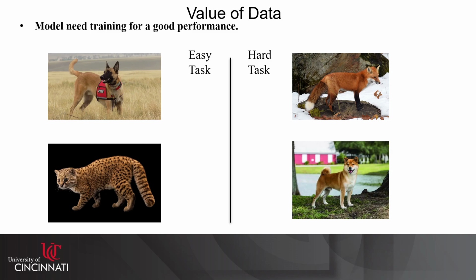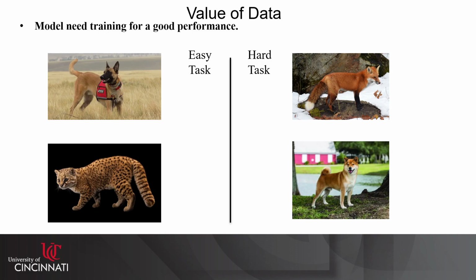And now the value of the data. Now we know how the computer learns. It is really important for us to provide the right, correct knowledge, as well as a variety of knowledge. Say we're doing a really easy task to differentiate a dog and a cat. I would say a normal average model would be able to do that with like 30 minutes of training or so. It is a really simple task because they're really different from each other.